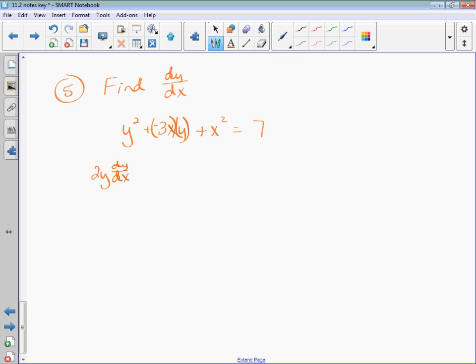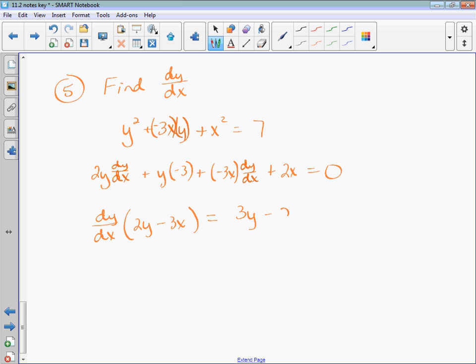So for y squared, I'm going to have 2y and then dy dx, right? I'm going to think of this as plus negative 3xy, and I'm really going to think negative 3x times y. I think that just helps you understand what's happening with the sign. Well, it was minus 3xy. Okay. So then I'm using product rule. So I'm going to have plus y times negative 3 plus negative 3x times dy dx plus 2x equals 0. So I'm going to do dy dx times 2y minus 3x, and then this would be 3y minus 2x, just moving stuff around.